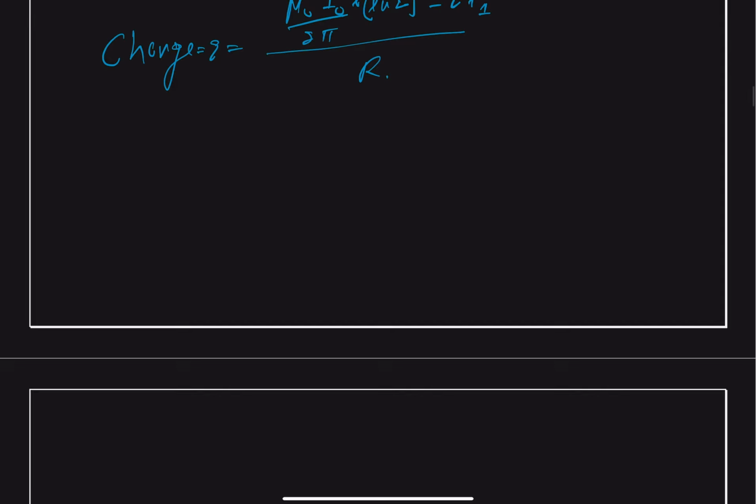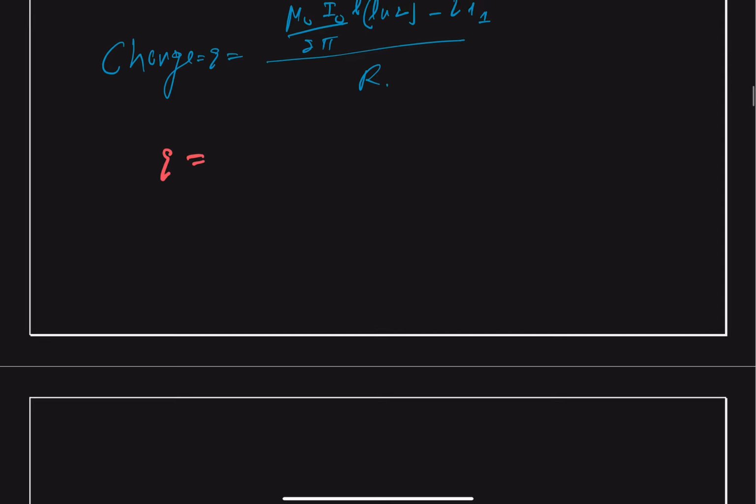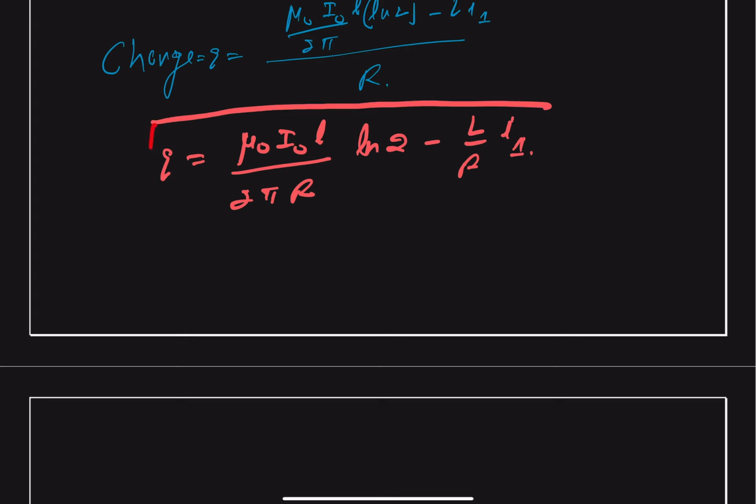So we can say that the charge Q will be equal to mu naught I naught L divided by 2 pi R natural log of 2 minus L upon R, and this comes as I1. So this is our charge.